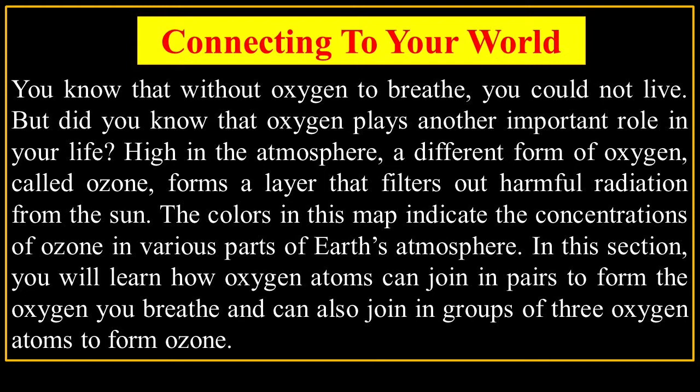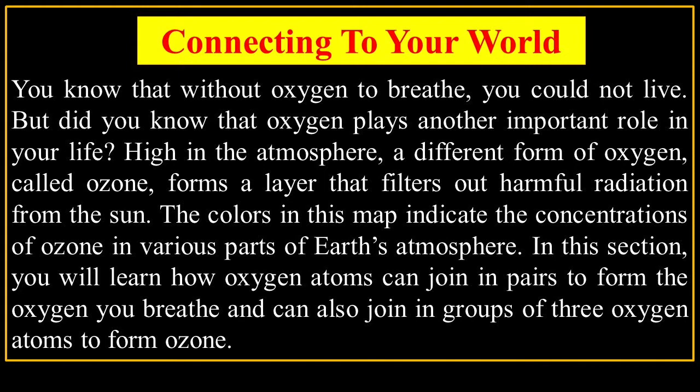You know that without oxygen to breathe, you could not live. But did you know that oxygen plays another important role in your life? High in the atmosphere, a different form of oxygen called ozone forms a layer that filters out harmful radiation from the sun. The colors in this map indicate the concentration of ozone in various parts of Earth's atmosphere.